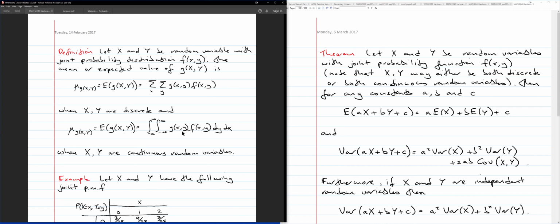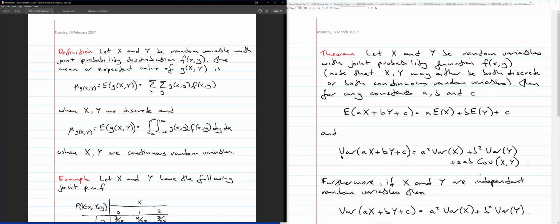This is what we use. In fact, this is what would be used to prove this result: the expected value of a function of x and y in the case when you have a joint distribution.